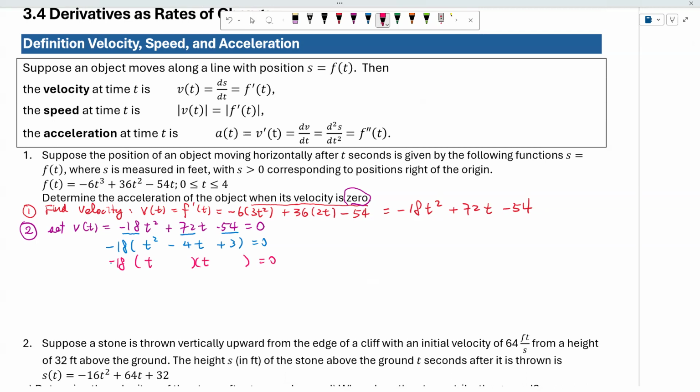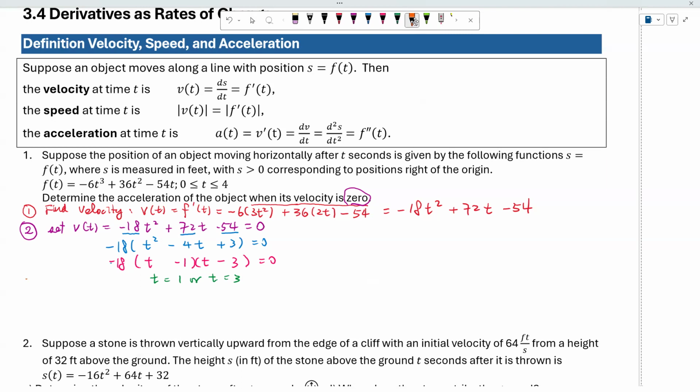So I will have t minus 1 times t minus 3. Negative 1 times negative 3 gives positive 3, and negative 1 plus negative 3 is negative 4. So in this case, we find that t is equal to 1 and also t is equal to 3.